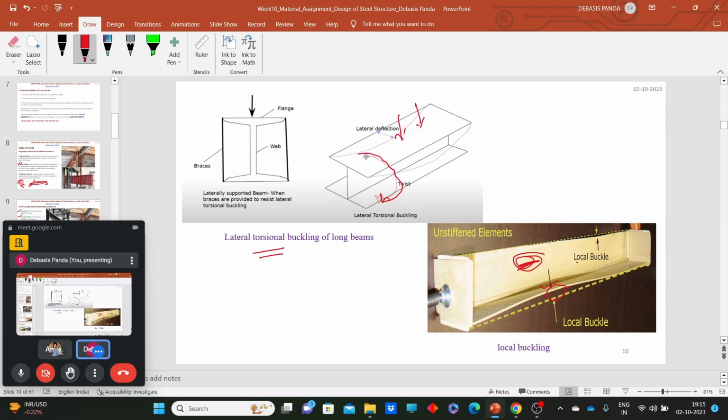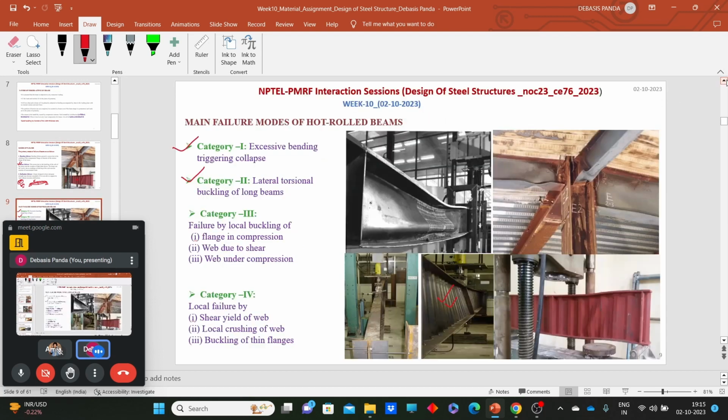In general, firstly we need to look for overall bending, secondly lateral torsional buckling, and thirdly different kinds of local buckling failure. Here you can see the flange portion has buckled, a local buckling failure. Or here we can see the web portion got buckled.